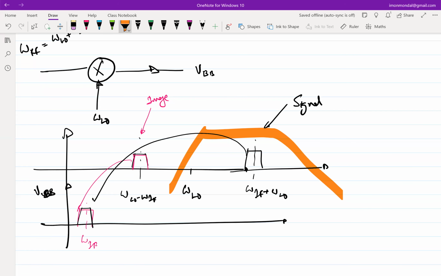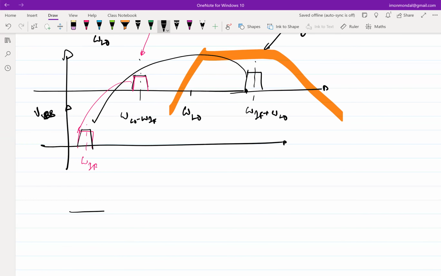So if you want to use a super heterodyne receiver, after your LNA, or maybe before the LNA, wherever in the signal chain, because the LNA is an LTI block, it doesn't matter whether you put a filter before or after with respect to the end to end transfer function. So you probably want to put an image reject filter.